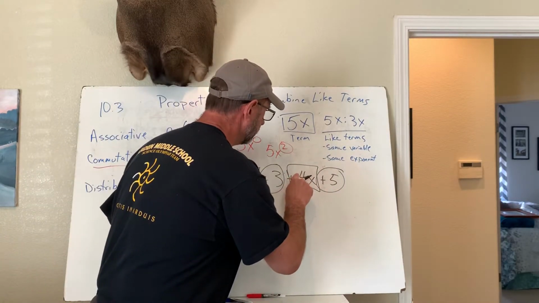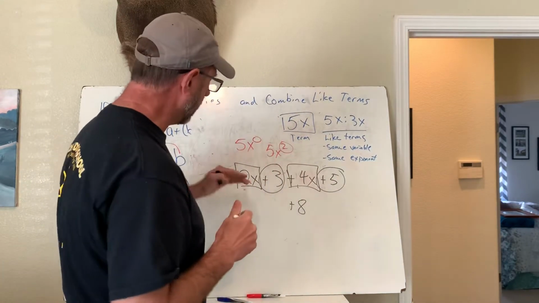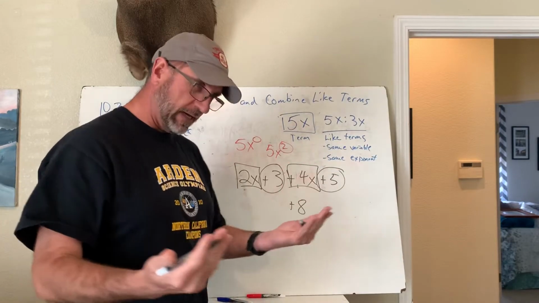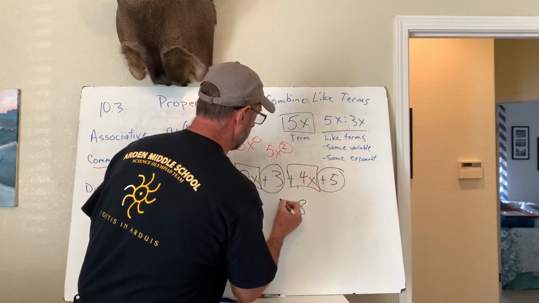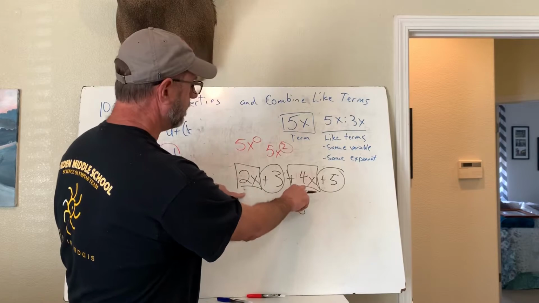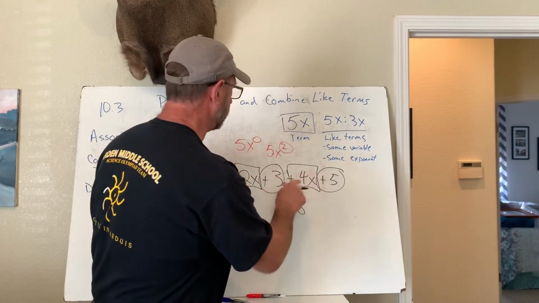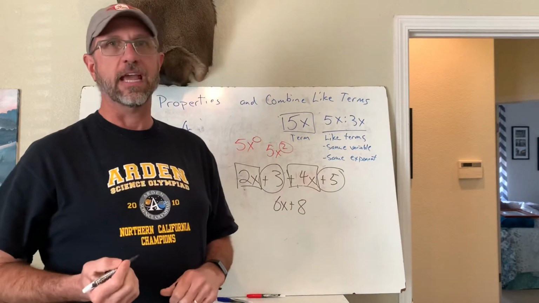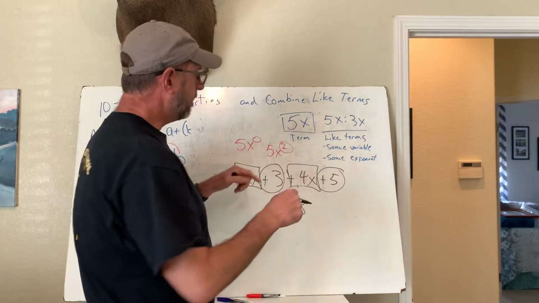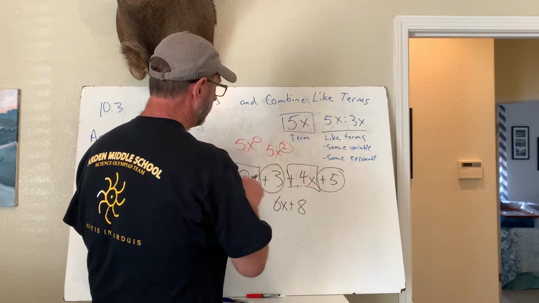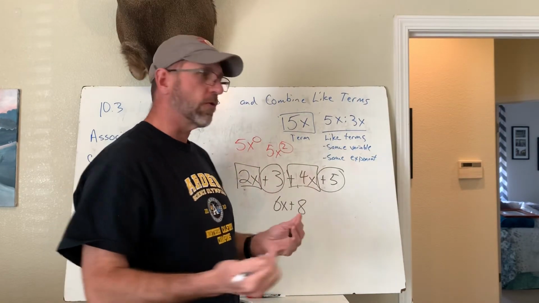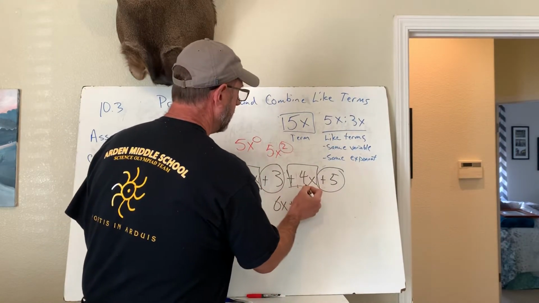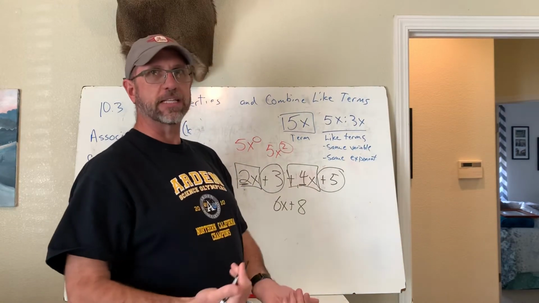We're going to combine those like terms, and we add the numbers. 2 plus 4 is 6, so it'll become 6x plus 8. The variable stays the same, and we're just adding the numbers or subtracting the numbers.